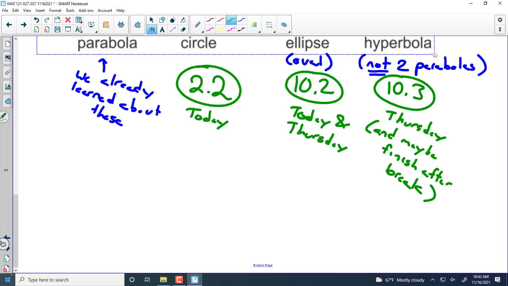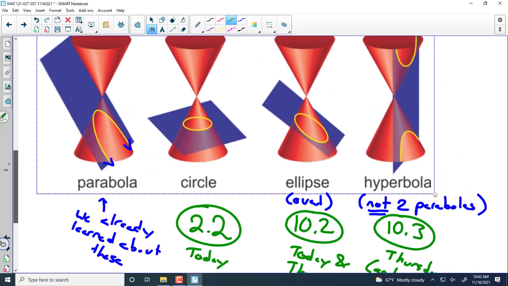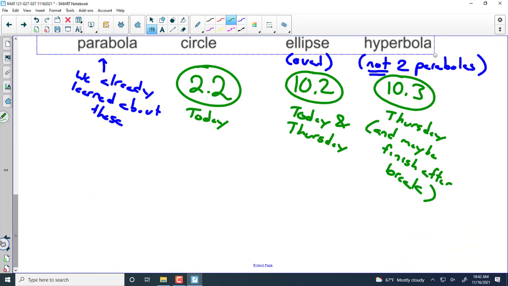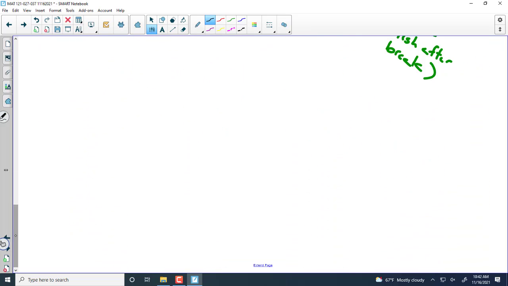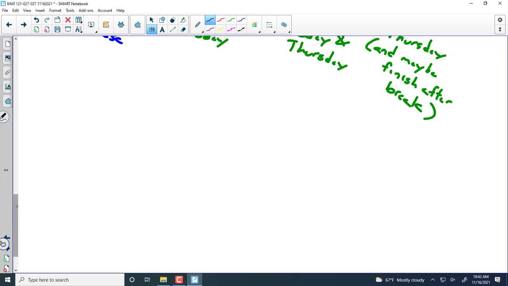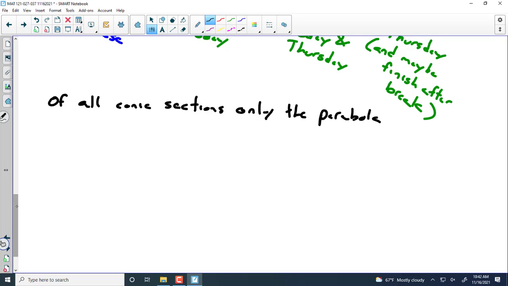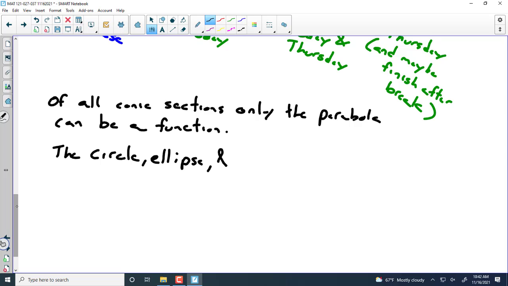So what do we know about these things? Well, if you just picture what they would look like when you graph them, it turns out that of all conic sections, only the parabola can be a function. The circle, ellipse, and hyperbola are not functions.